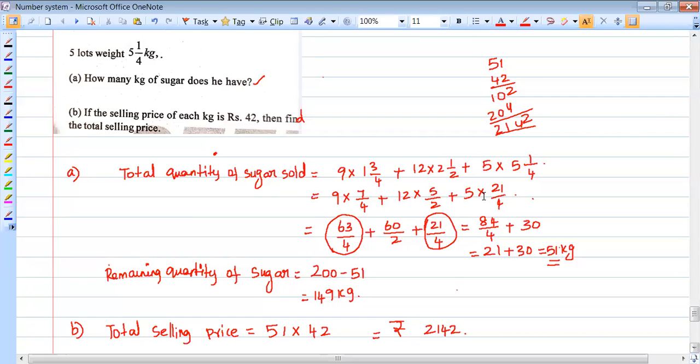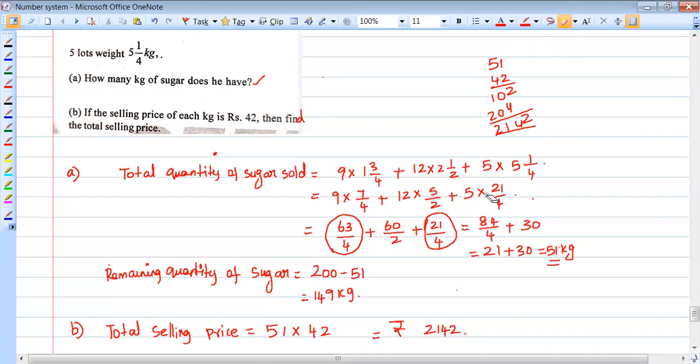Okay. So here I made a small mistake. One more time. Here I forgot to multiply 5 with the 21. I'm sorry. Thank you for the students who identified it. I didn't observe this. Sorry.